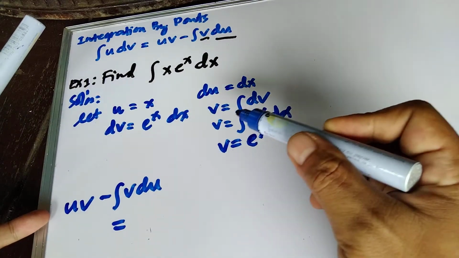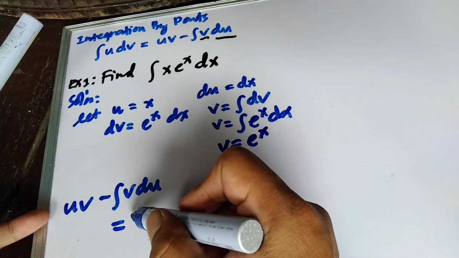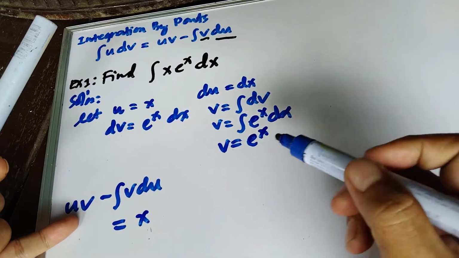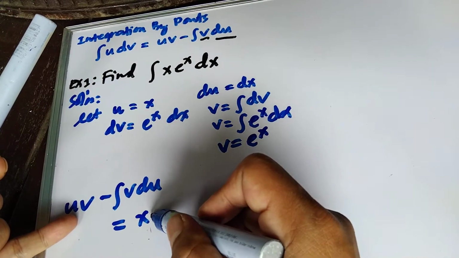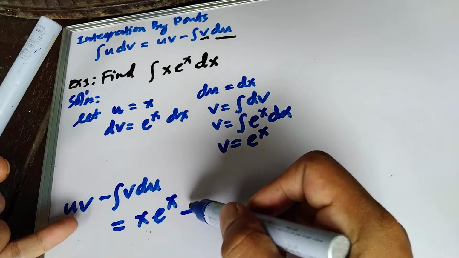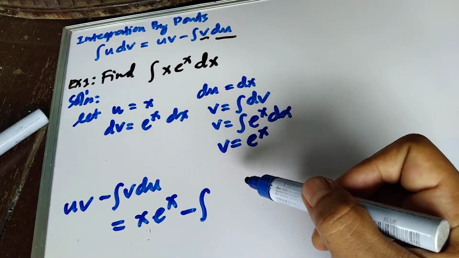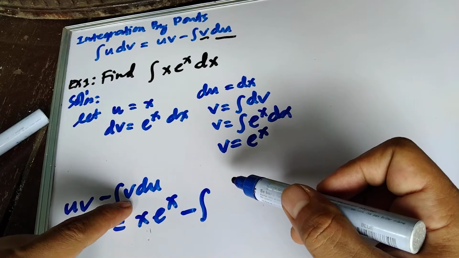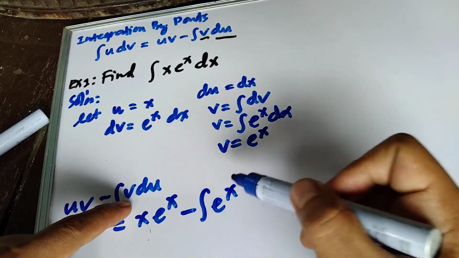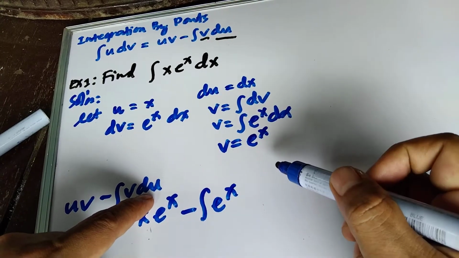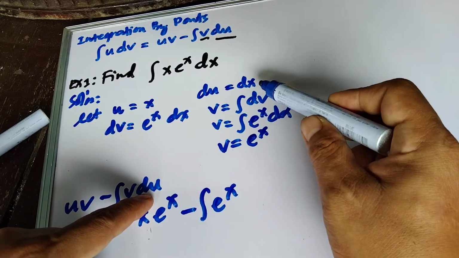So we can have uv minus the integral of v du, which is simply equivalent to, substitute, what's the value of our u? Given, x. What's the value of our v? That is e to the x. Minus, because it is minus, the integral of, what is our v again? e to the x. What is the value of our du? du is dx.